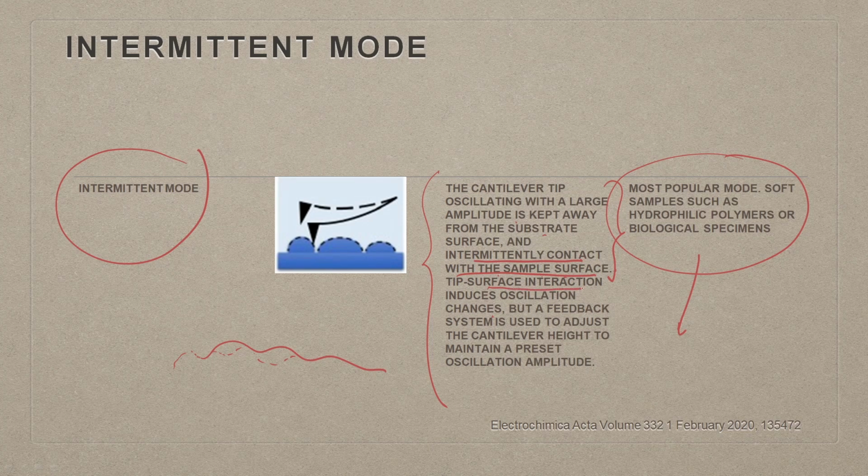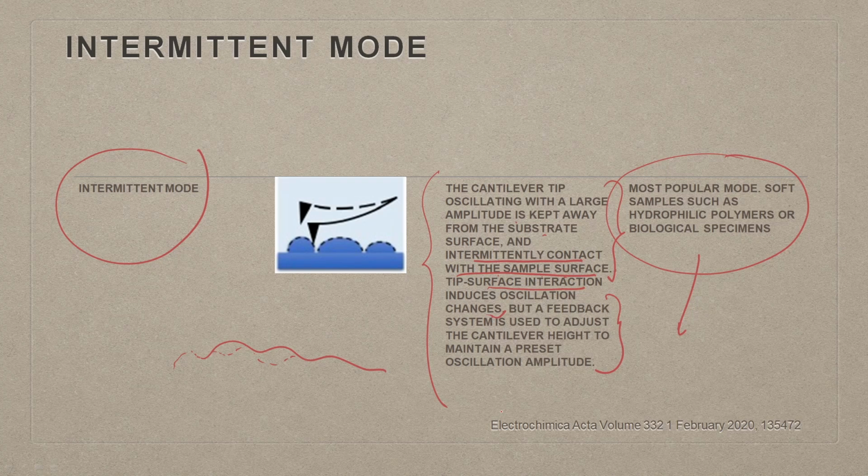The tip surface interaction induces oscillation changes, but a feedback system is used to adjust the cantilever height to maintain a preset oscillation amplitude. This part is very important. So these are the three different modes.